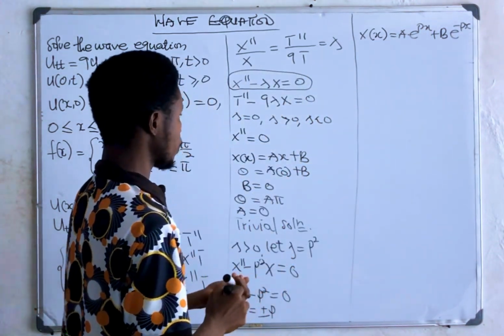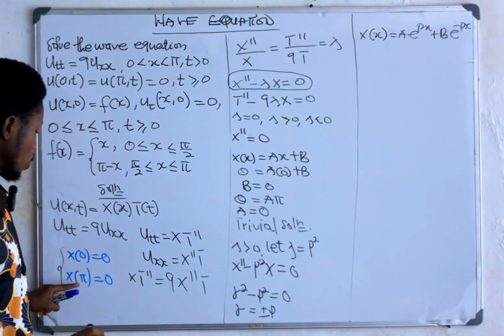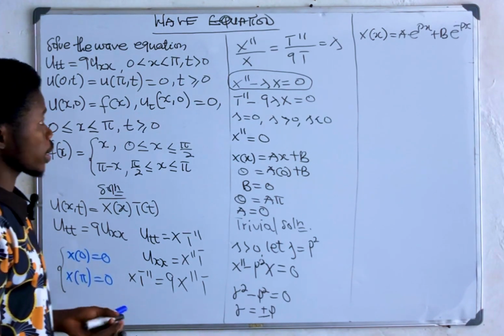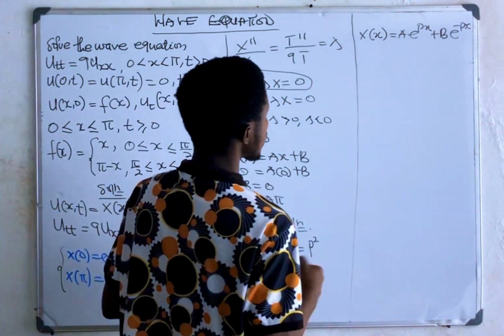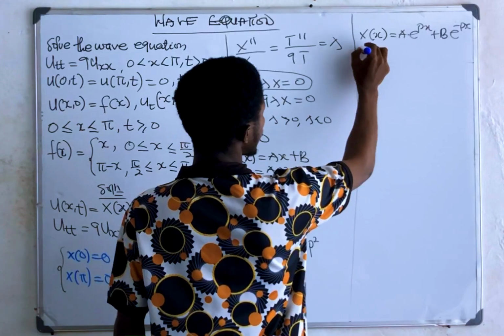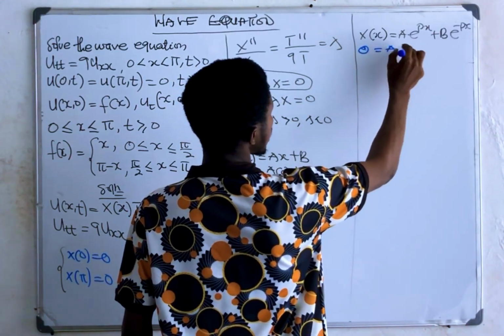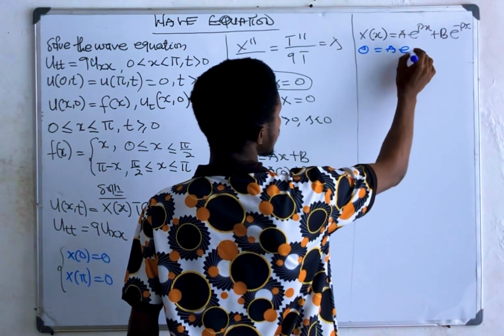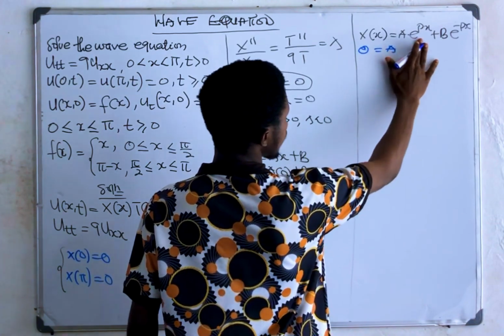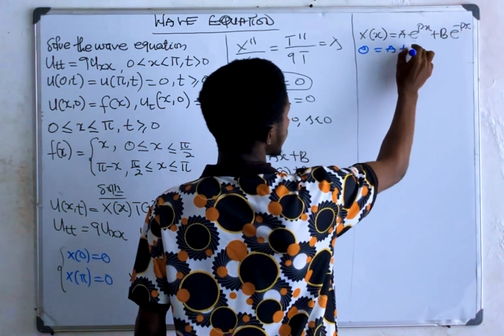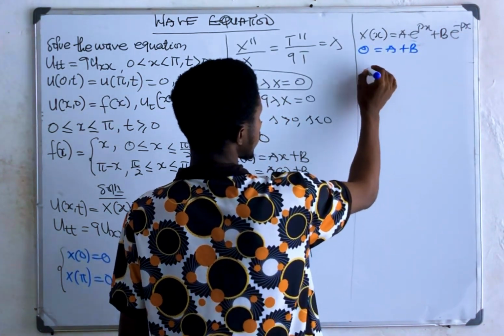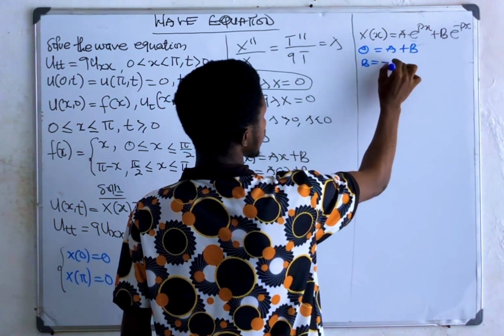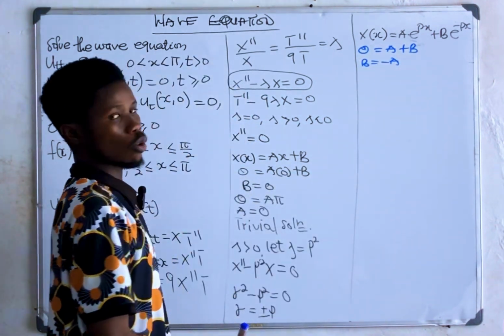This is the solution. Again, let's substitute this. Small x is 0, capital X is 0. So let's do the substitution. We are going to have 0 equals a e to the power 0, which will give you 1, and here too will give you 1. This tells me that my b will be equal to negative a, or a is equal to negative b.